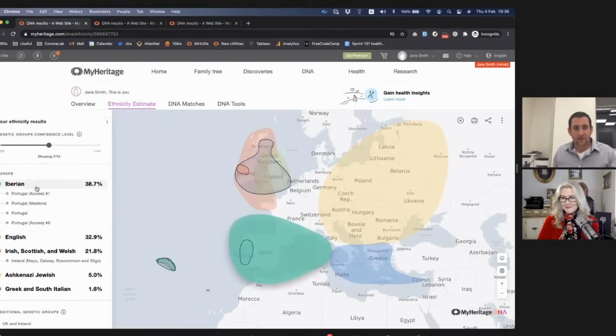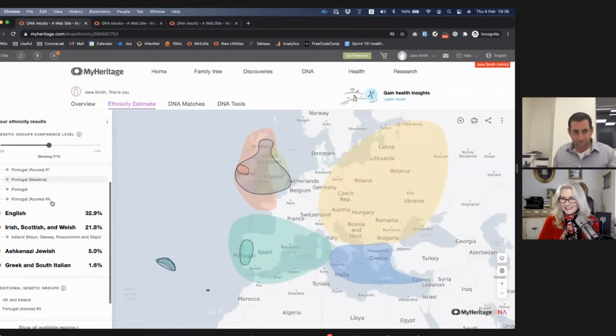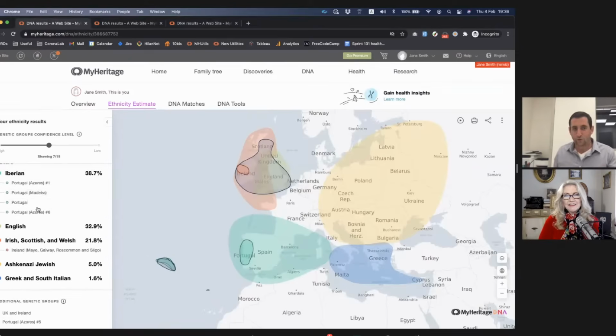Before we deep dive into genetic groups even more, we can see here 4 groups under the Iberian ethnicity. We see that Jane has 21% or almost 22% of the Irish, Scottish, and Welsh. And we were able to tell her that we see a genetic group in Ireland, in Mayo, Galway, and 2 other districts or regions in Ireland.